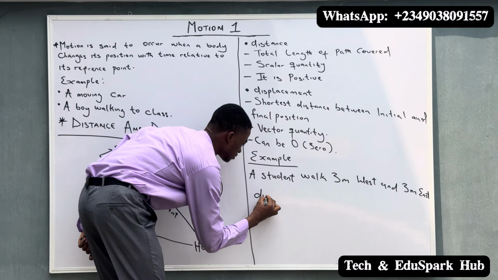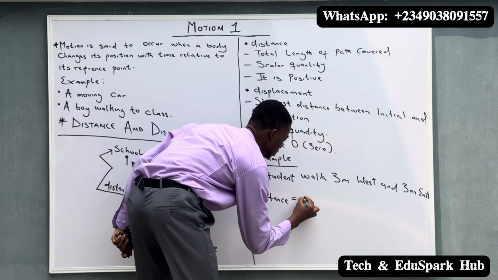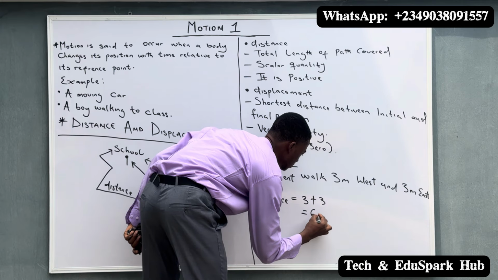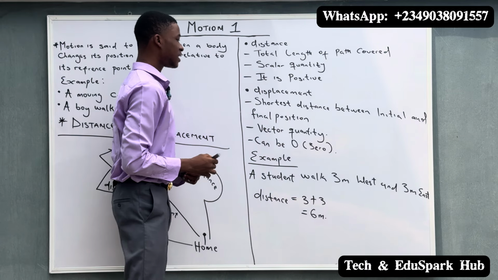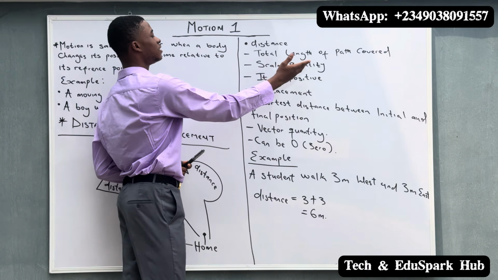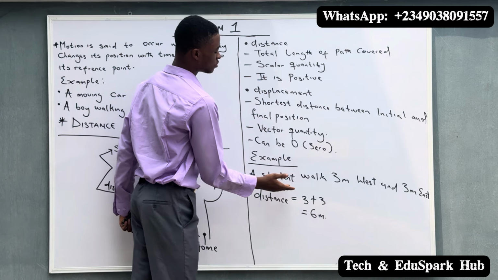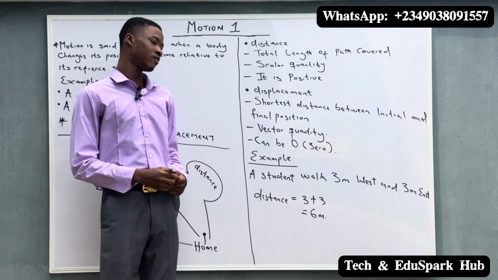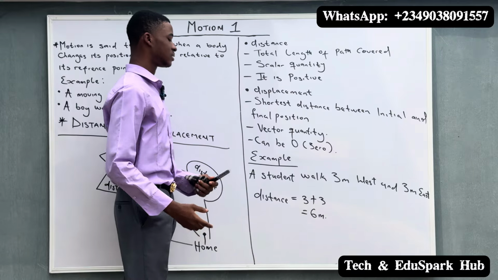The distance is equal to 3 plus 3, which is equal to 6 meters. So we said the distance is the what? It is the total length of path covered. So the student walked 3 meters west and 3 meters east, so the total length of the distance covered is 3 plus 3, which is 6 meters.